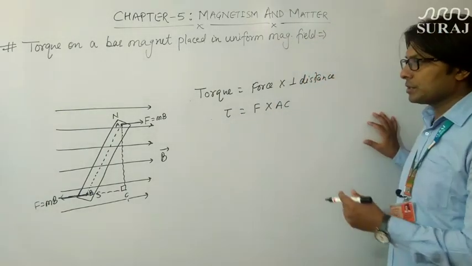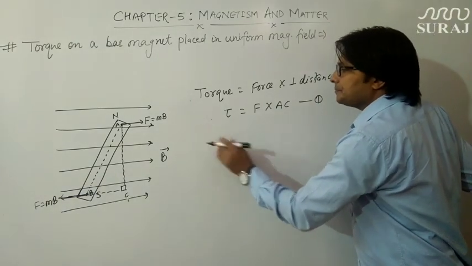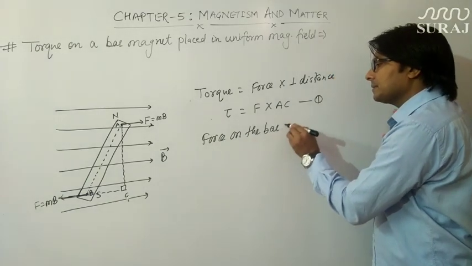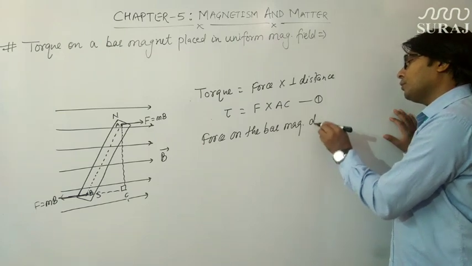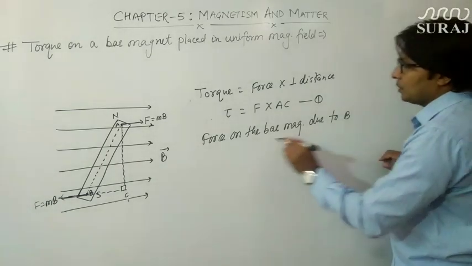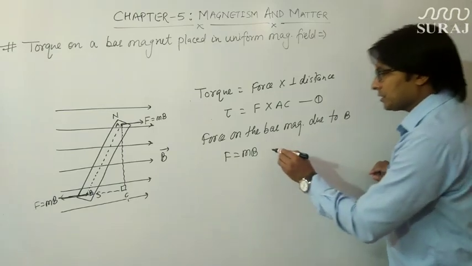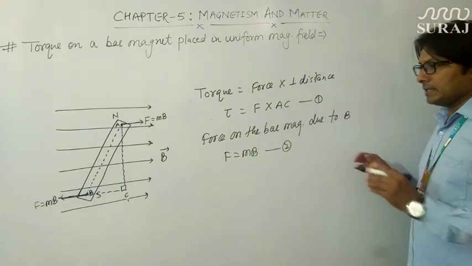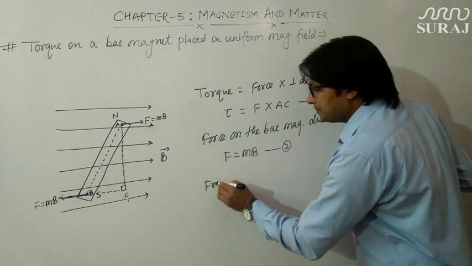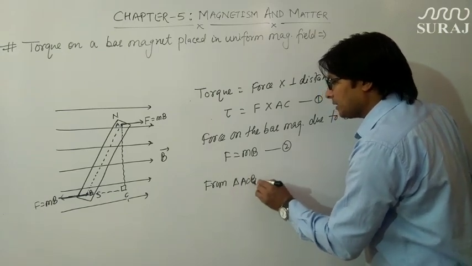Now what is the force? The force on the bar magnet due to uniform magnetic field B is F equals m into B, where m is the pole strength. This is equation second. Now using this right angle triangle ACB, what can be written?